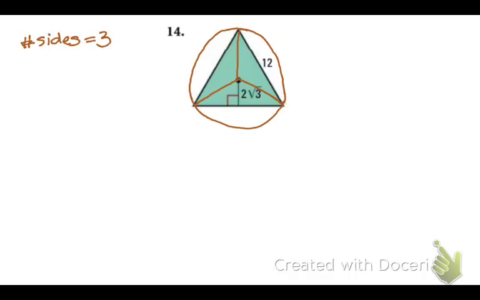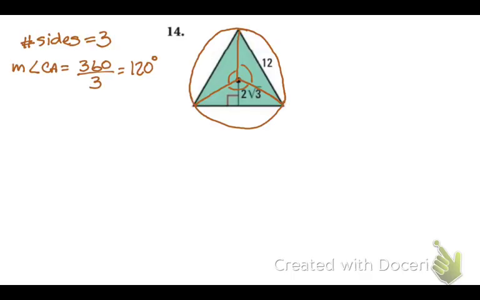So there's 3 central angles. We know from our formula that the measure of the central angle is equal to 360 divided by the number of sides, which is 3. So each of those 3 central angles is going to be 120. So this is 120, this is 120, and this is 120.